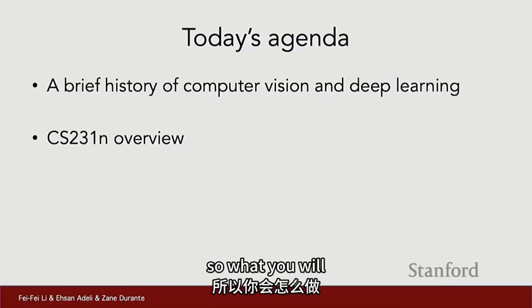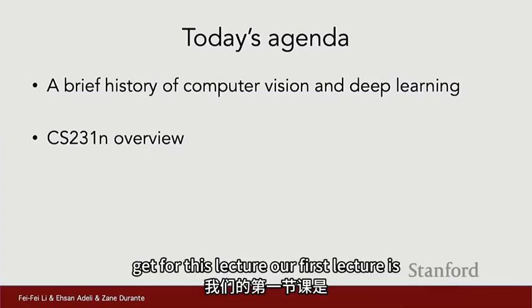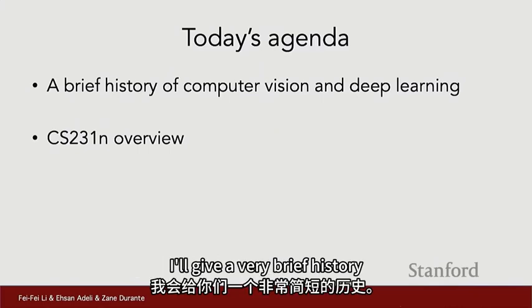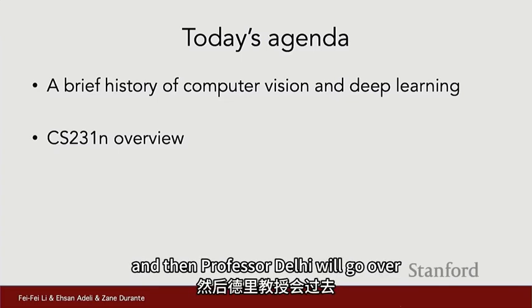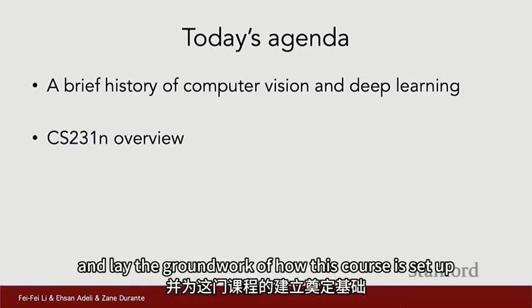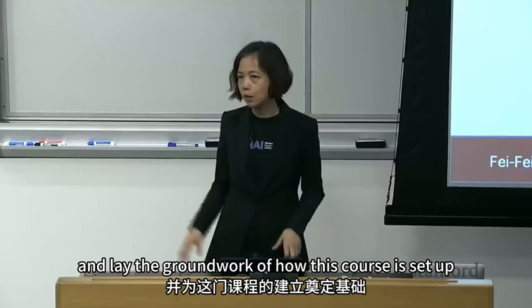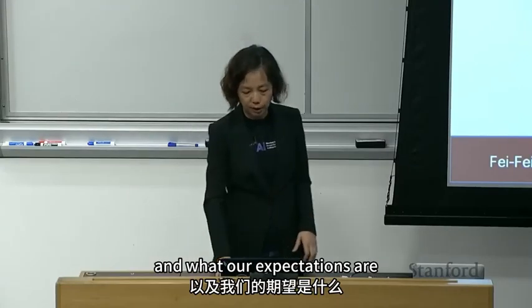So what you will get for this lecture, our first lecture, is I'll give a very brief history of computer vision and deep learning, and then Professor Adeli will go over the overview of this course and lay the groundwork of how this course is set up and what our expectations are.